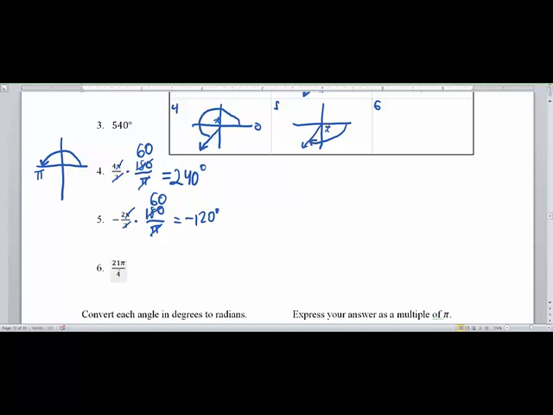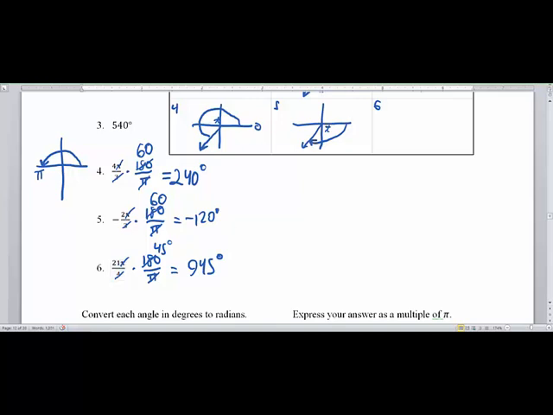So I want to show you how to convert this into degrees first, and it wouldn't hurt to have a calculator by your side, because if I divide the pi's, which is pretty straightforward, I also can then simplify the 180 divided by 4. 180 divided by 4 gives me 45. And then I have to take the 45 and multiply it by 21. Now 21 times 45 is 945 degrees. That's where you probably want your calculator, not only for the 180 divided by 4, but for the 21 times the 45.